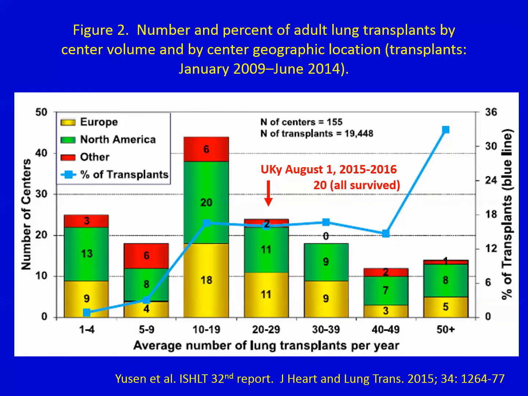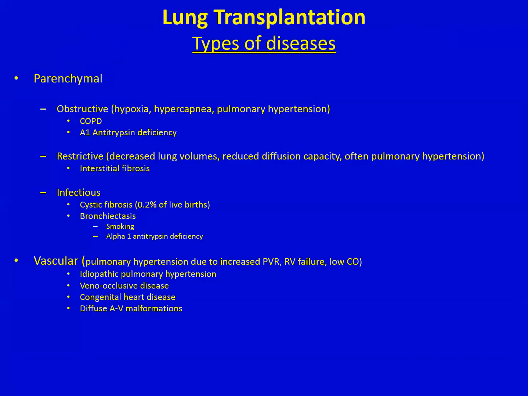This shows the number of adult lung transplantations by volume, and note that University of Kentucky with 20 transplants during the past year are among the more active centers in the world.